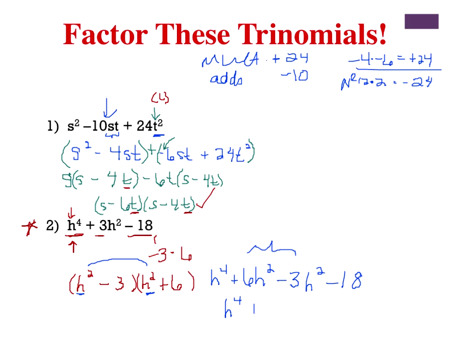I can see that those h squared leading terms give me h to the 4th. 6h squared and a negative 3h squared leaves me with a plus 3h squared. And my constant of negative 18 still remains. Very nice, good.